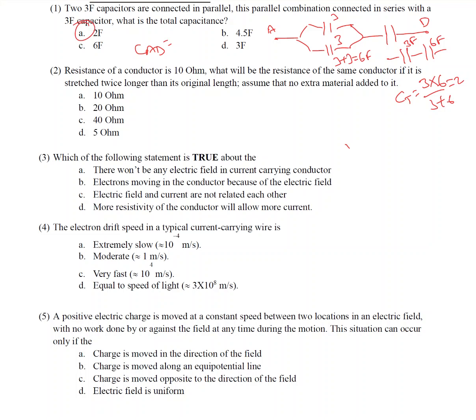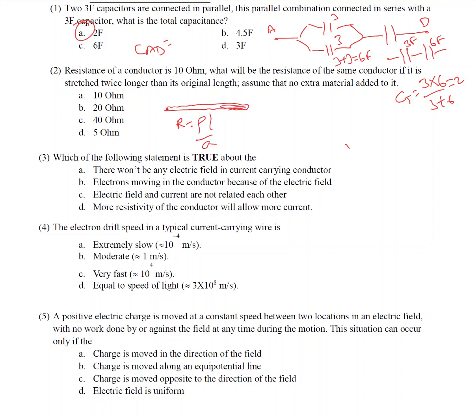Now, next question: the resistance of a conductor is 10 ohm. What will be the resistance of the same conductor if it is stretched to twice its original length? Assume that no extra material is added to it. We know that R equals rho L by A. What we did was stretch it.